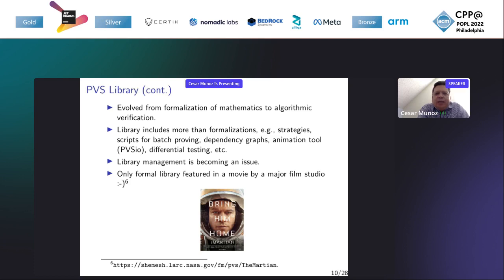So there has been an effort on converting those libraries into libraries that are more useful for applications. So changing the data structures from something that is easy to verify to something that is more useful in implementation of algorithms and verification of algorithms.